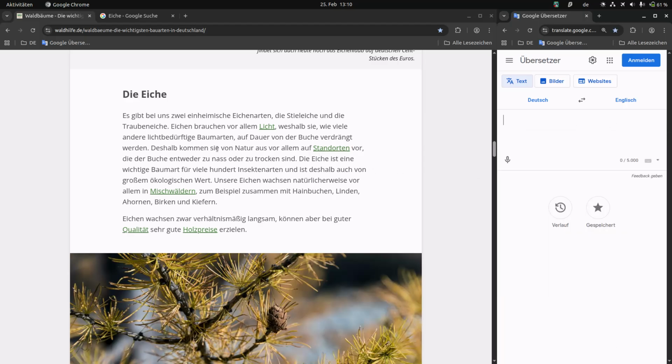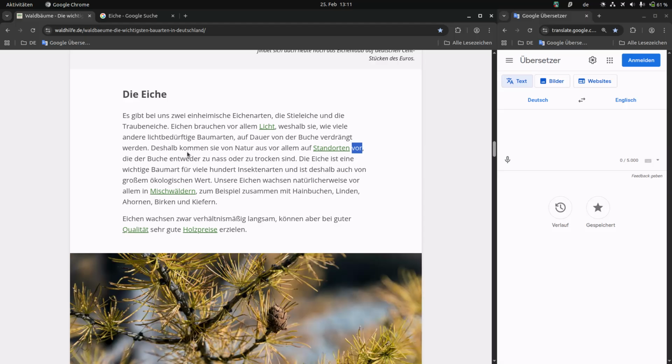Vor, so this is "kommen vor". Vor in this case means up, because in English you would say come up, but in German "kommen vor" literally means come in front, come before. So: "Deshalb kommen sie von Natur aus vor allem auf Standorten vor."